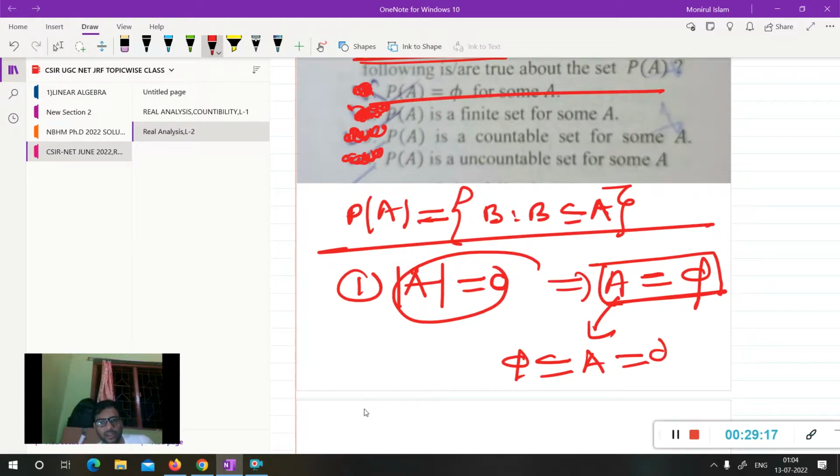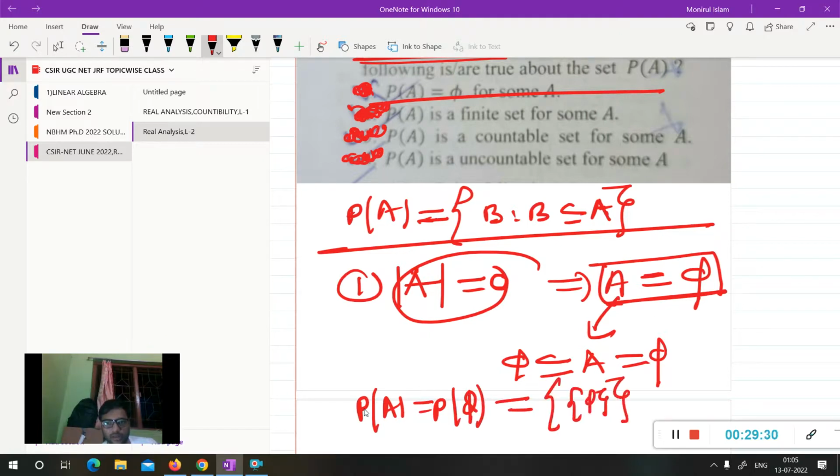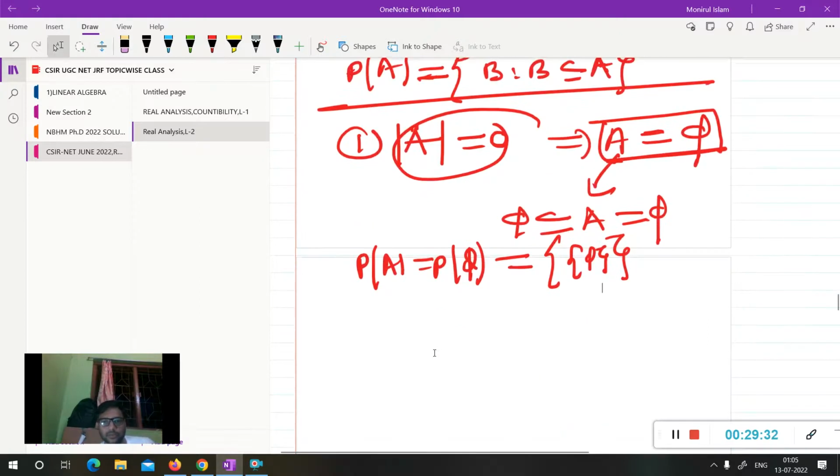So if A is phi, then phi is also a subset of phi. So you can say the power set of A equals the power set of phi, the empty set, which will be this. Means this power set of the empty set also contains 1 element. If it is the empty set, then its power set contains 1 element.